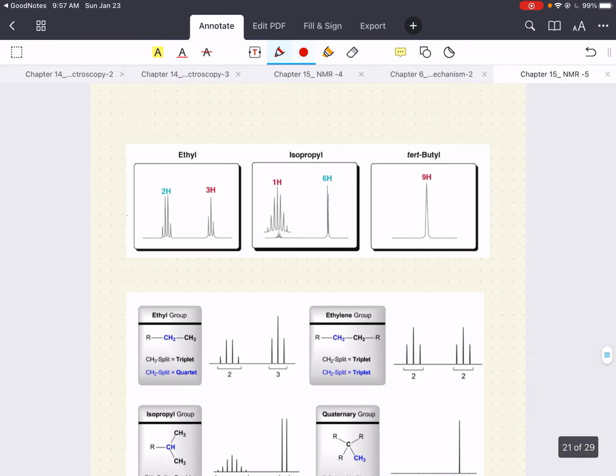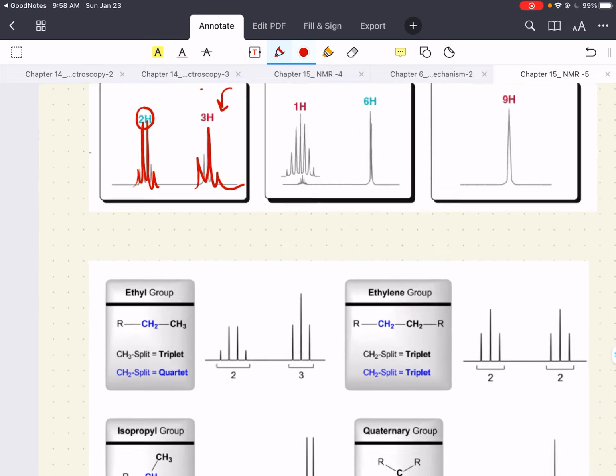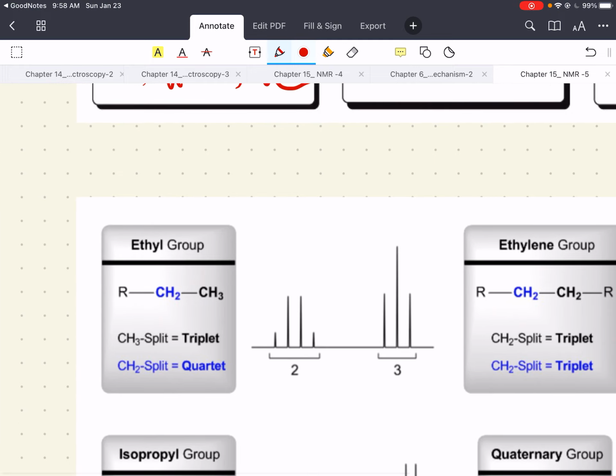You're going to know that the NMR is telling you there are these specific functional groups in your molecule. Whenever you see a triplet with 3 hydrogens right near a quartet with 2 hydrogen integration, this indicates that you have an ethyl group. You can see it better here. Here's an ethyl group. These hydrogens have 3 neighboring hydrogens plus 1.